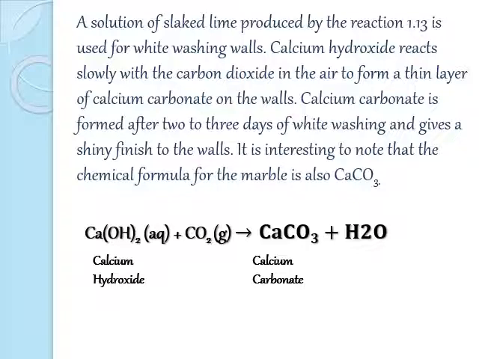We have seen calcium hydroxide plus water; they dissolve it and wash the wall with slaked lime, or calcium hydroxide. When it reacts with carbon dioxide, after 2 to 3 days, or after drying up, it forms calcium carbonate on the wall, which gives a shiny finish to the wall. Also, calcium carbonate is the formula for marble.